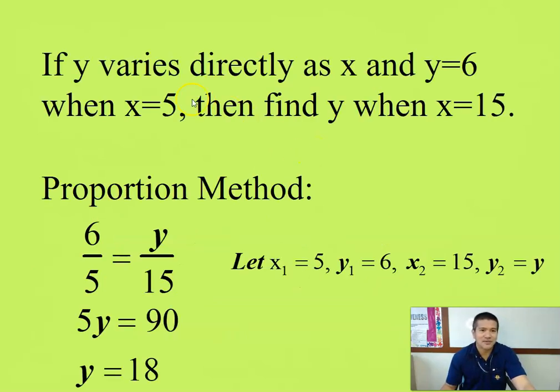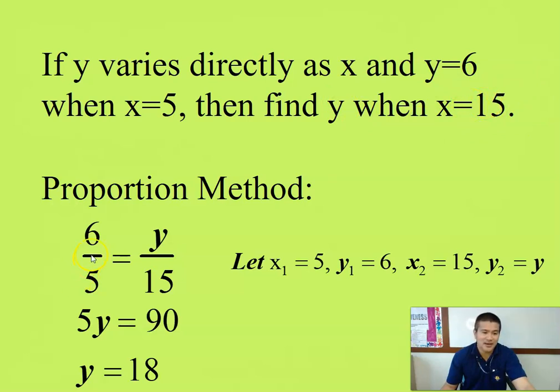For example, if y varies directly as x and y equals 6 when x is equal to 5. Here y equals 6 is our y sub 1, and this 5 is our x sub 1. Then find y when x is equal to 15. You are looking for y sub 2, and when x is 15, this is our x sub 2.